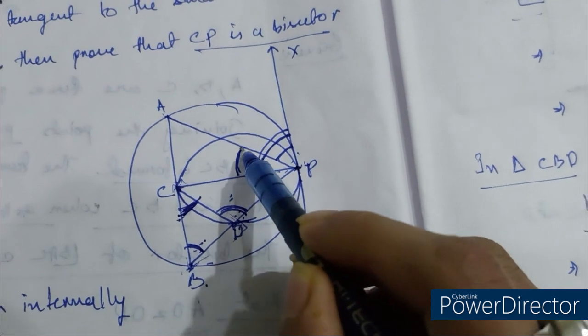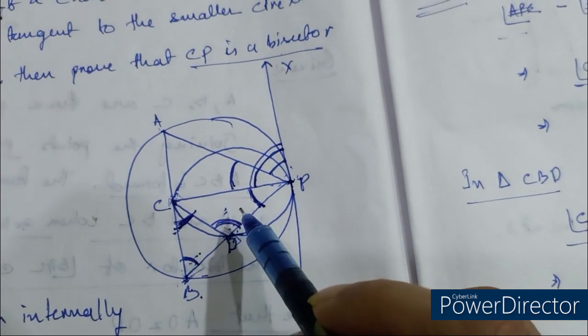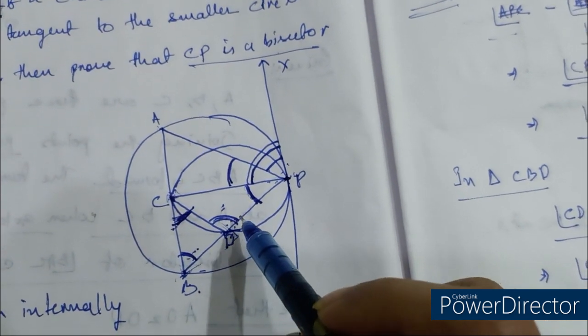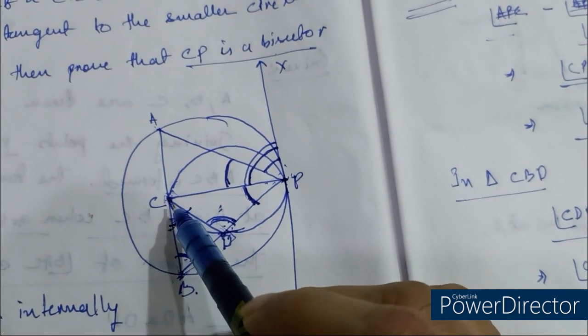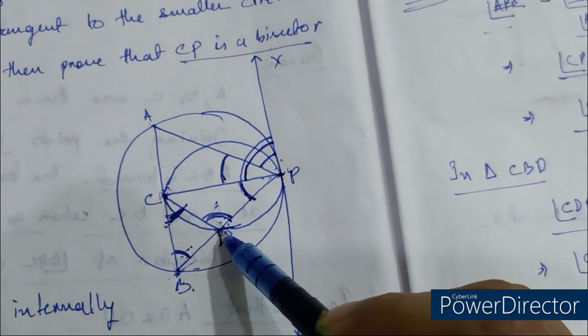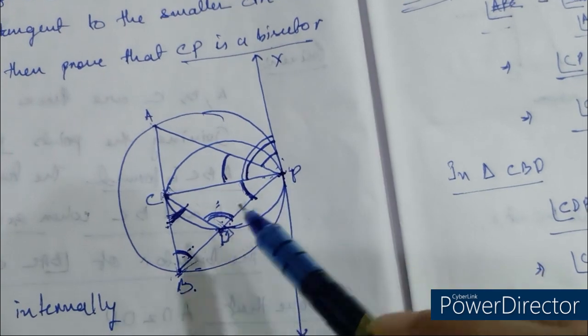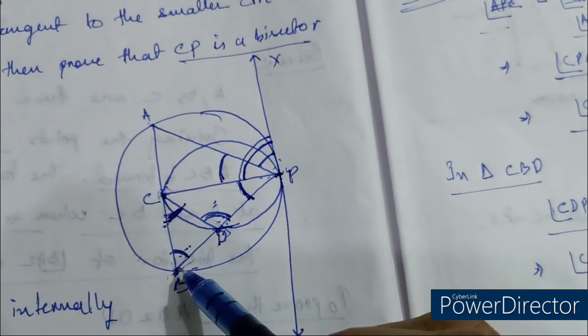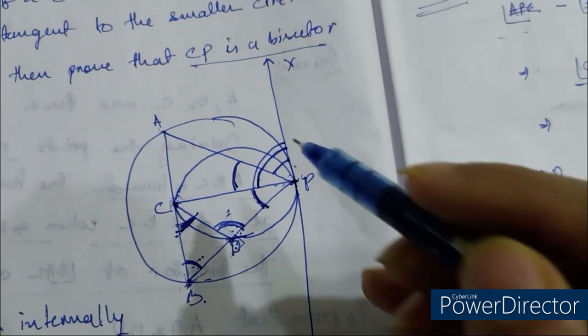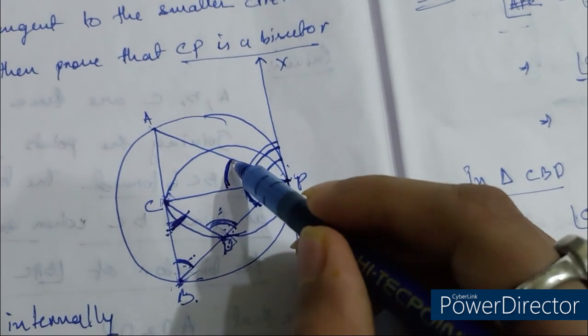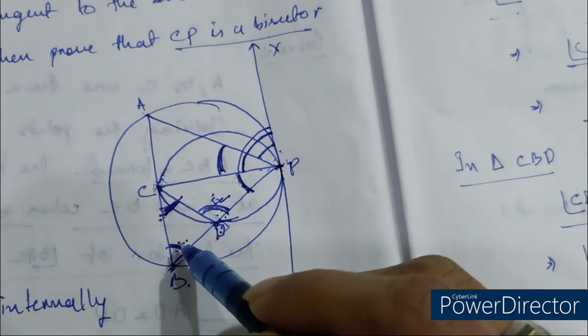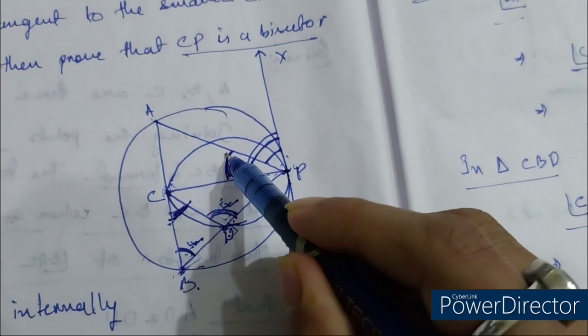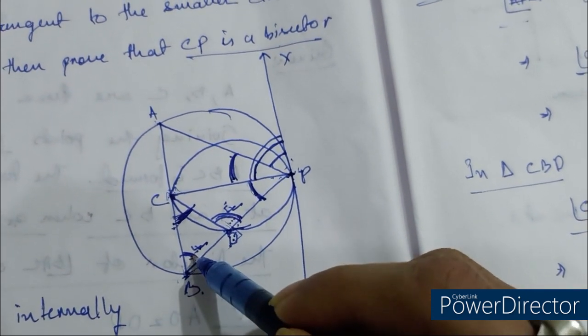CPA, this angle is equal to, I got that, CDP minus CBD. Okay, so you see this angle is equal to this angle minus this angle I got.